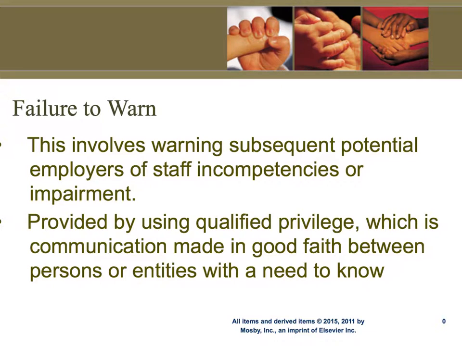The State Board of Nursing or agency that oversees disciplinary actions of professional and non-professional nursing staff should always be notified whenever there is a cause to dismiss an employee for incompetency or impairment, unless the employee voluntarily enters a peer assistance program.